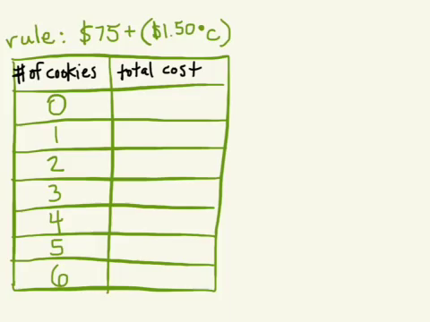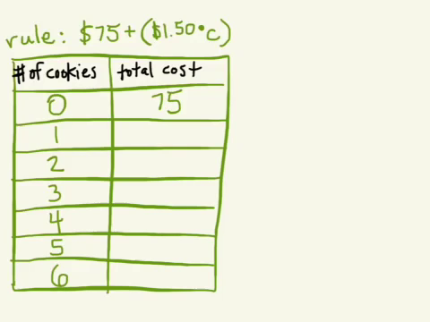And that would just be for one of us, because each of our tickets was $75. So for one of us, let's check it out. So we can set up a function table, input-output table, ratio table, and we can start with 0. Say I hadn't gotten any cookies. Then my total cost would just be the $75. If I got 1 cookie, that means I paid $75 to get in the door, and then I paid an additional $1.50.